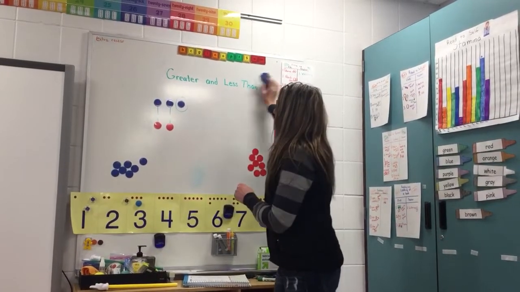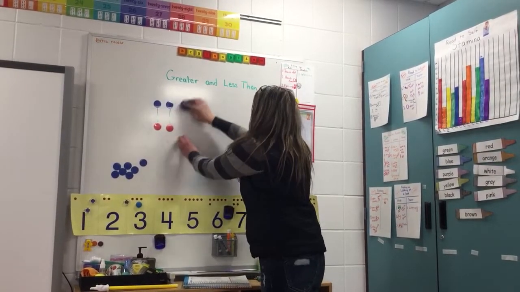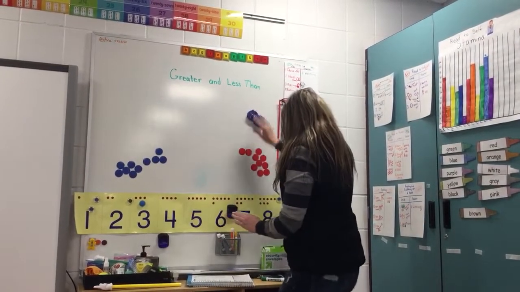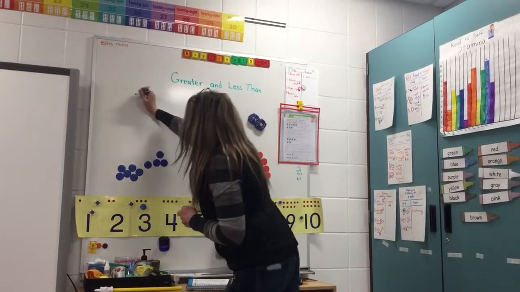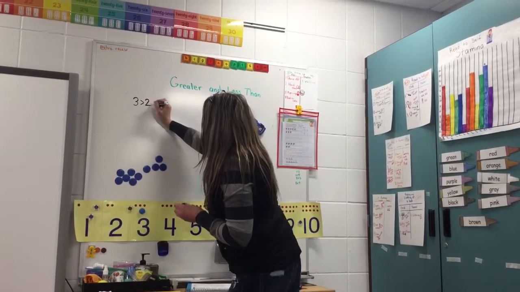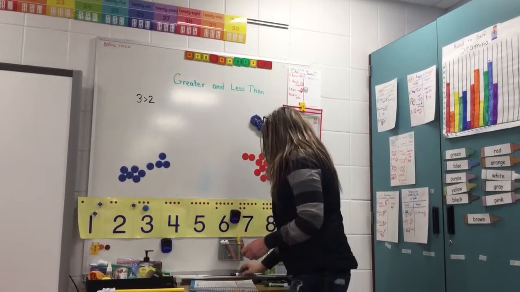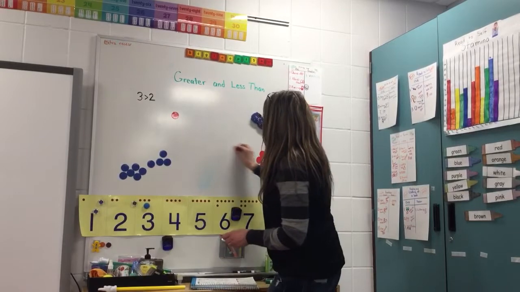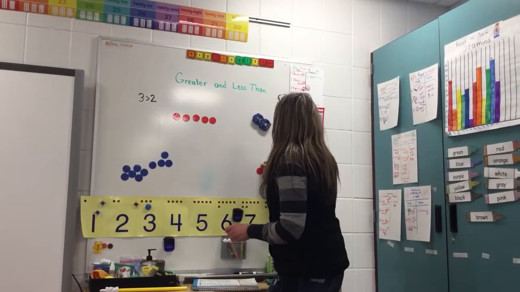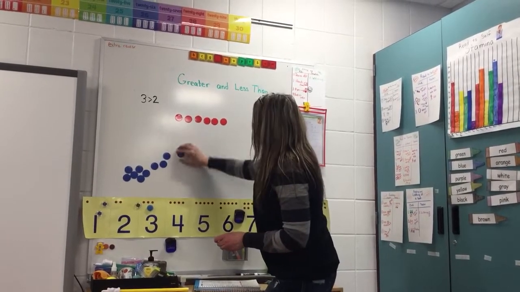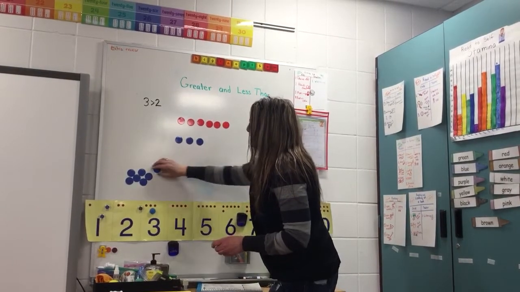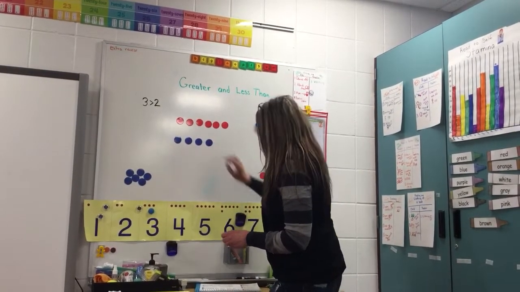We're going to practice a few more. I'm going to write the equation over here on the board. 3 is greater than 2. The next one we're going to do, we're going to have 6 reds and we're going to have 4 blues. It's best if you line them up fairly close.